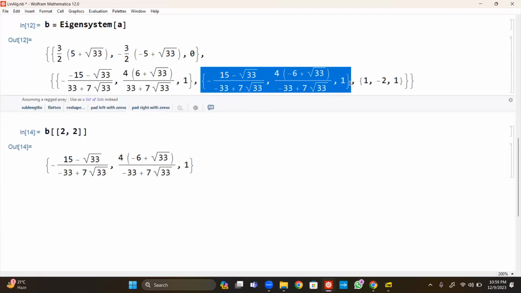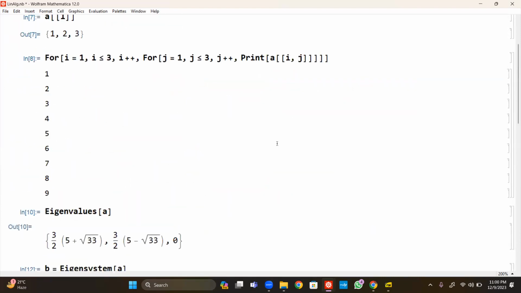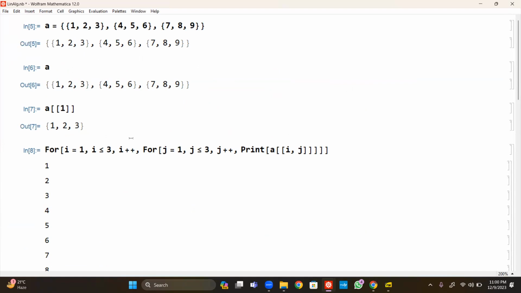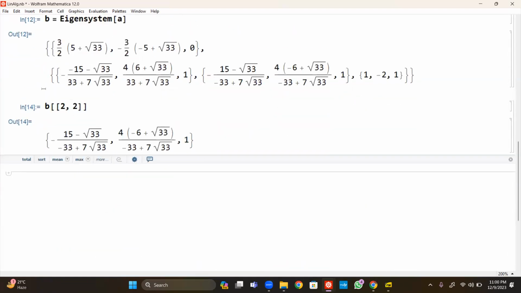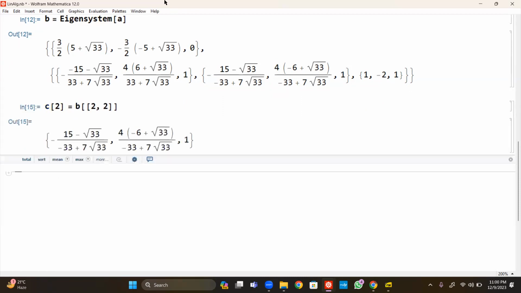If you want to access these individually, you can do that. And if you want to extract these individual eigenvectors to construct a P matrix, you can do that as well. You have already seen how matrices work. You can even use a loop by saving these in another array. Say this is C2: if you save this entire eigenvector in C2, you can write similar lines.